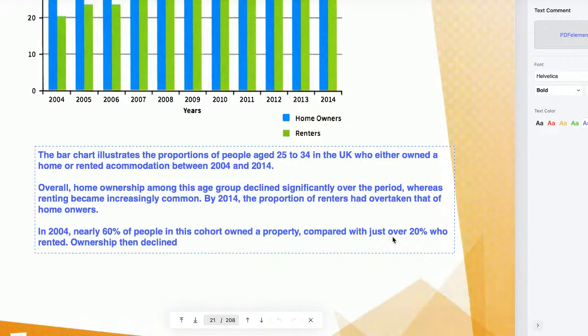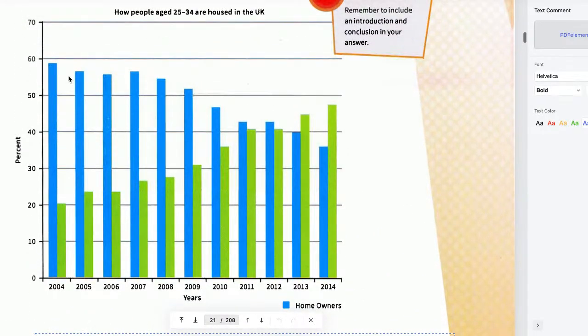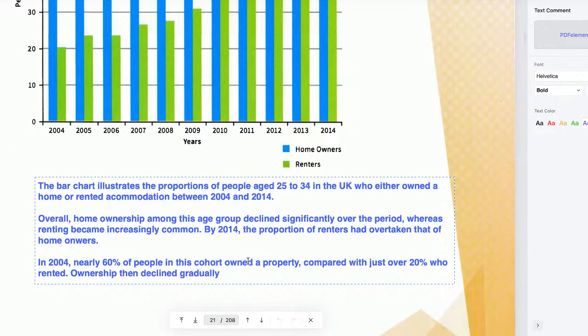Gradually means that after every single year you see it reduce a little and then a little, and a little bit up in 2007, but then it goes down, of course. So we can say that ownership then declined gradually.